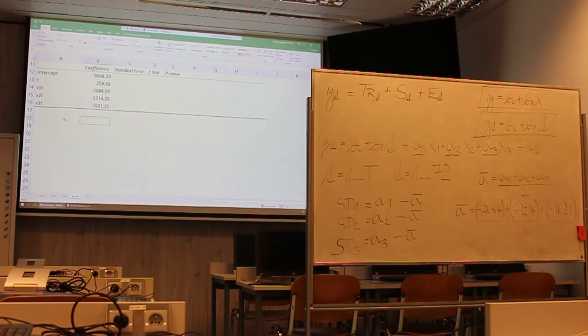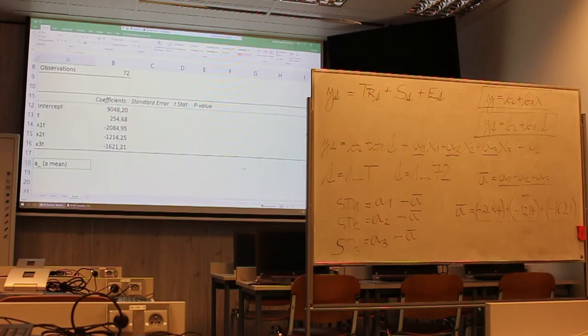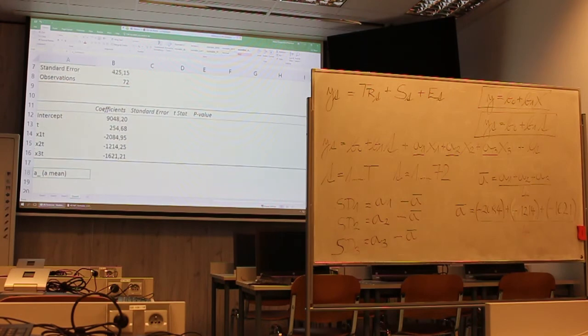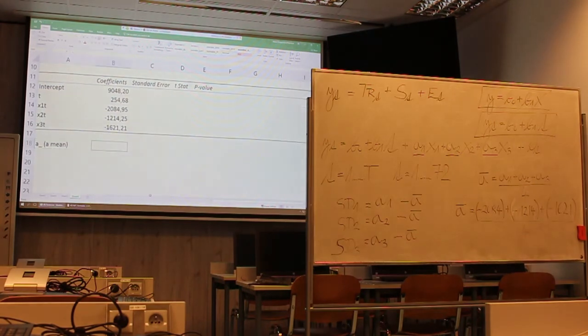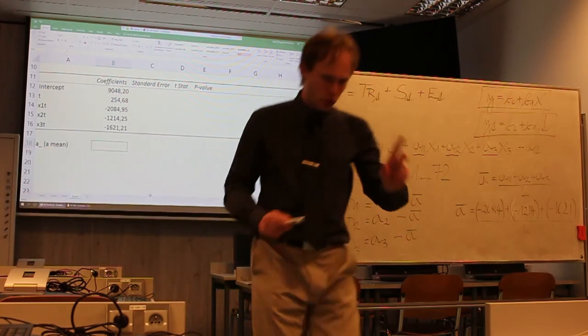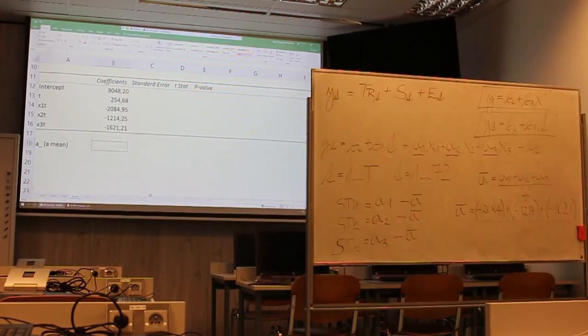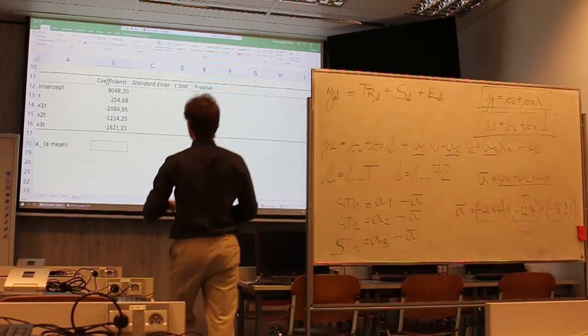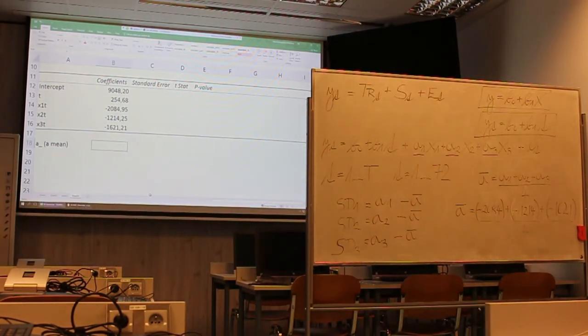I will write here A with stripe, it is A mean. I hope that this is clear. It's a summation of these 3 values: equals sign, sum these 3 values, divided by 4.